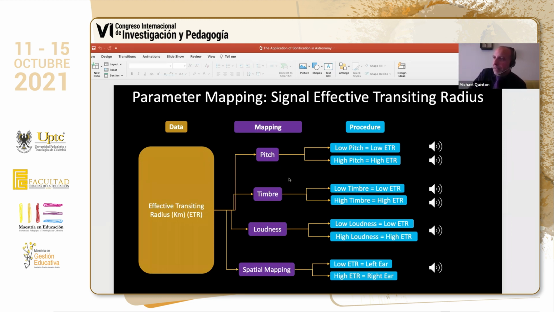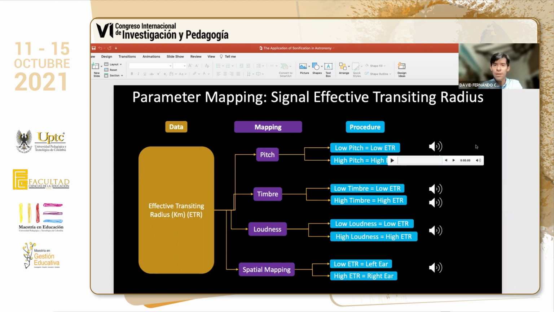Okay. Just to explain what pitch is here, I've given some audio examples for those of you who are not understanding the term. So let's play them, right? Okay. Yeah, let's play the first one, low intensity. Yes, low intensity, high intensity. No, that's the noise page. Yeah, if you go back a page, there's a parameter mapping signal effective transiting radius.